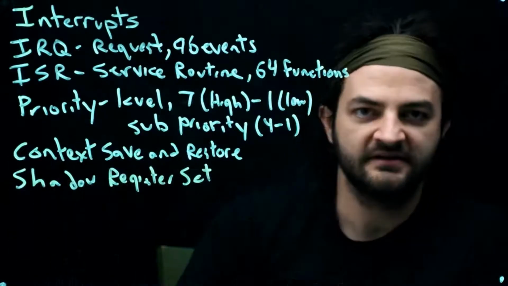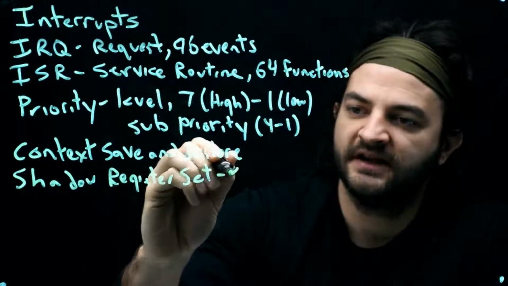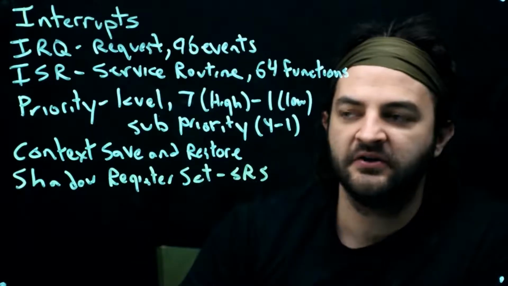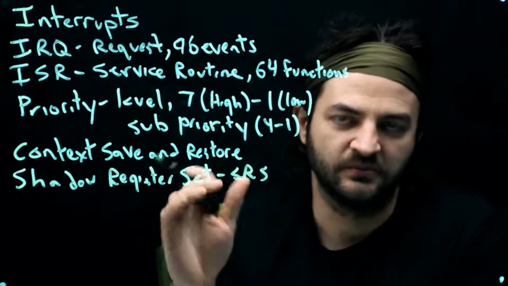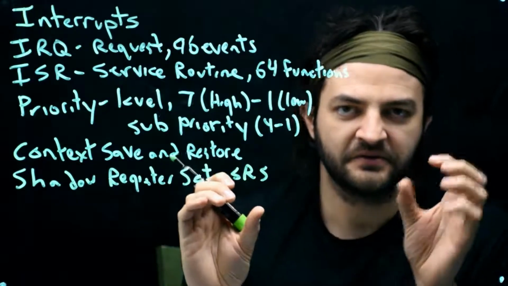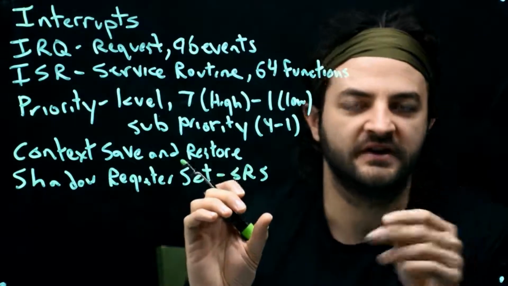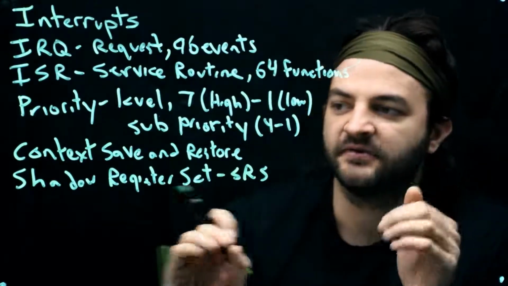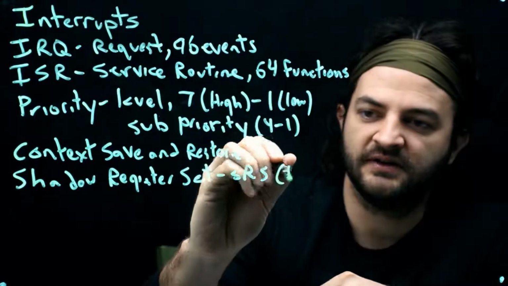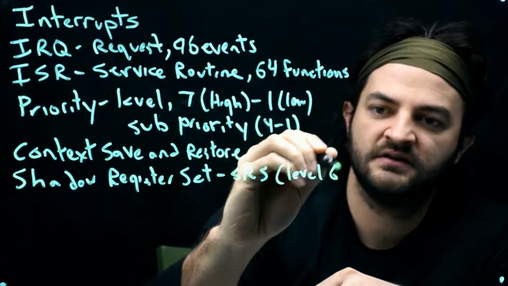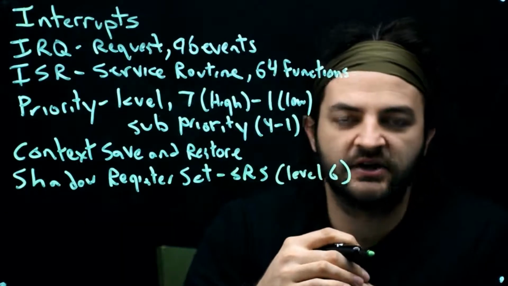Or SRS. The SRS is a parallel context. So the CPU has all these registers that it works on. In parallel is a whole other duplicate version of those that it normally never uses, except for a very specific interrupt. On the NU32, we've set up priority level 6 to use the shadow register set.